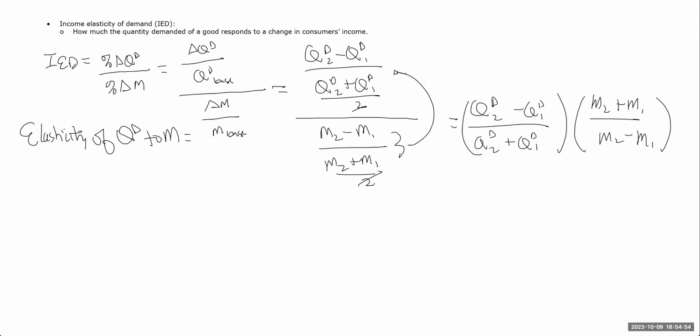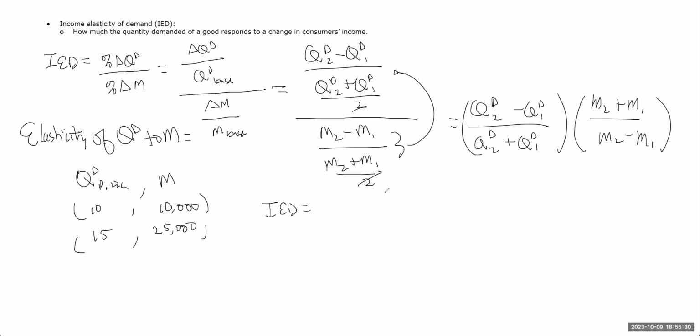Okay. Now, again, just like PED, if I gave you some numbers, we could calculate this. So let's say quantity demanded of pizza and income: if you make $10,000 a year, you buy 10 slices of pizza. If you make $25,000 a year, you eat 15 slices of pizza. Given this information, let's calculate IED.